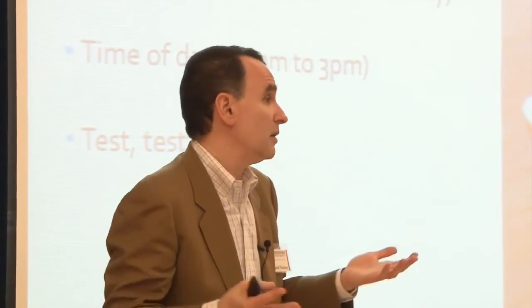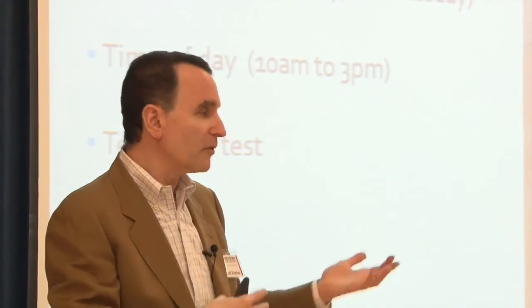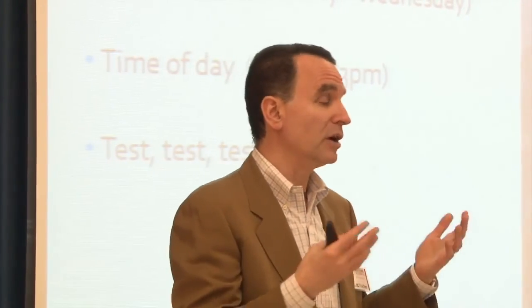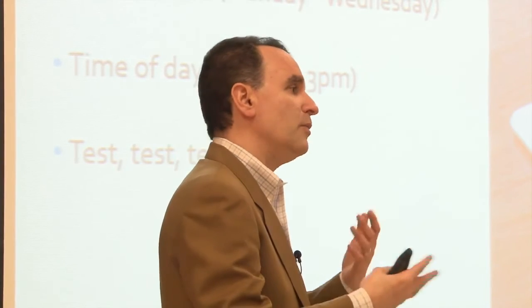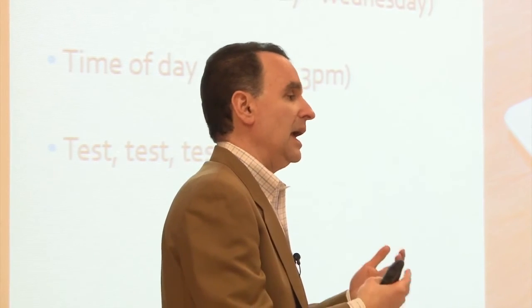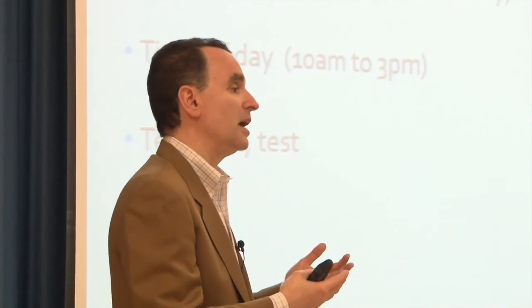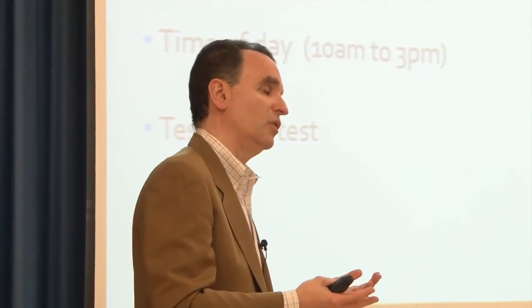Most people on a Saturday morning are at home at 9 o'clock with a cup of coffee, with a different frame of mind, more open to learning about the latest tomato seeds that are available for sale. So it really depends on your organization and what information you're sending to whom. And you want to make sure that you capture them at the best time for them to be interested in what you have to offer.